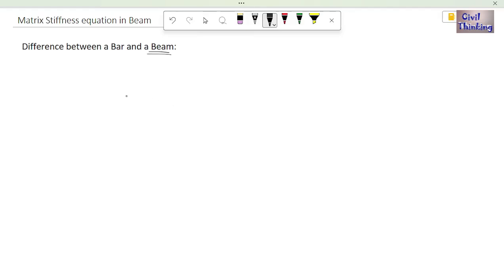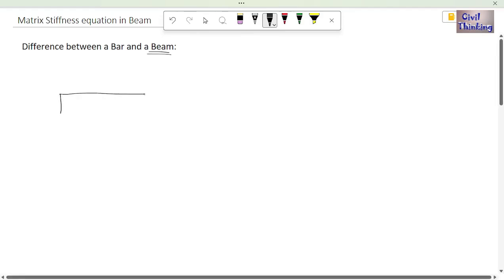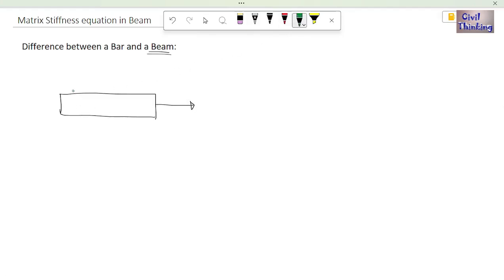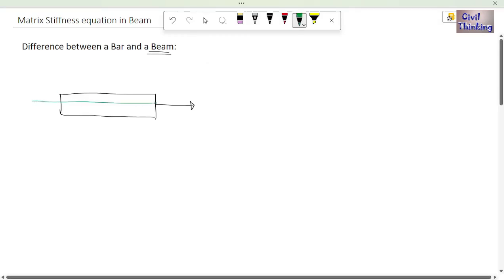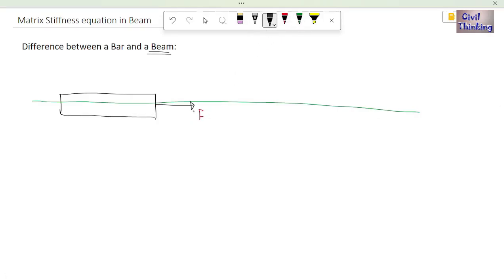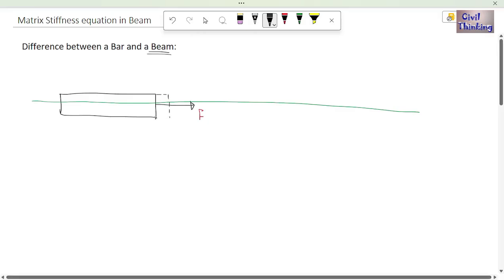So let us begin. As we know from the previous classes, what is a bar? A bar is something which carries axial forces. If this is our axis, you can see we only have axial forces. Because of this axial force, the bar can elongate or compress.